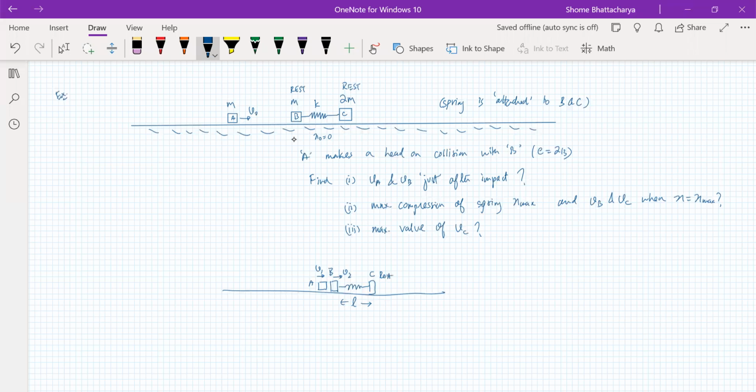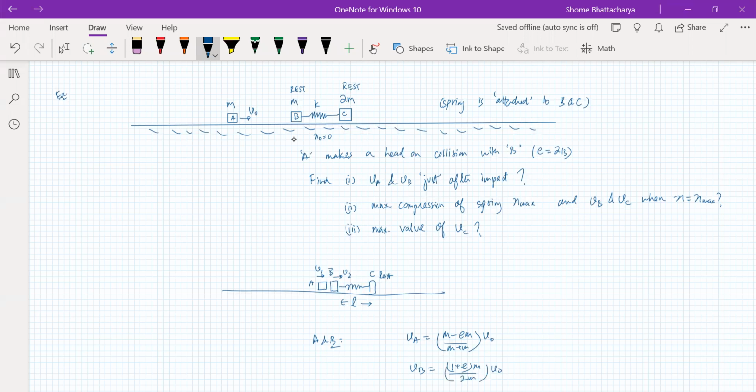So the collision between A and B is like this: VA will become (M1 minus E M2) divided by (M1 plus M2) into V naught, and VB will be (1 plus E) upon (M1 plus M2) into V naught.